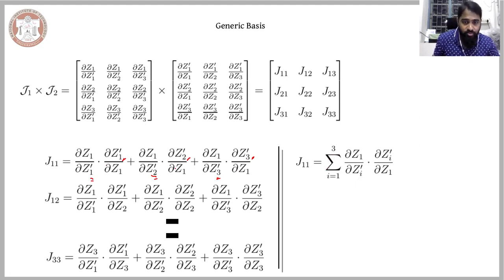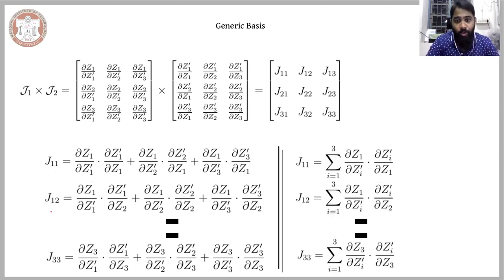Since this holds true for all the entries in the product matrix, I can rewrite all the entries in the product matrix using the summation sign. Again, the lower left and the upper right indices are equal, so I can introduce a variable and then correspondingly have the summation sign before it.